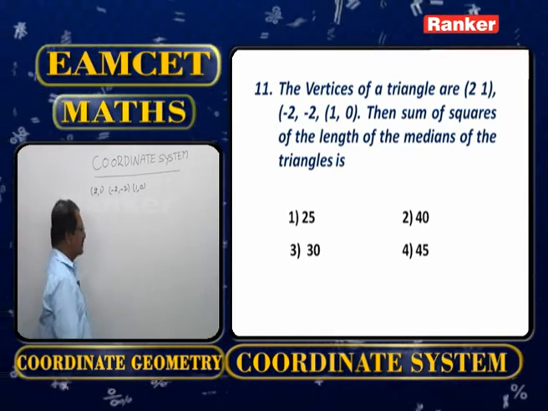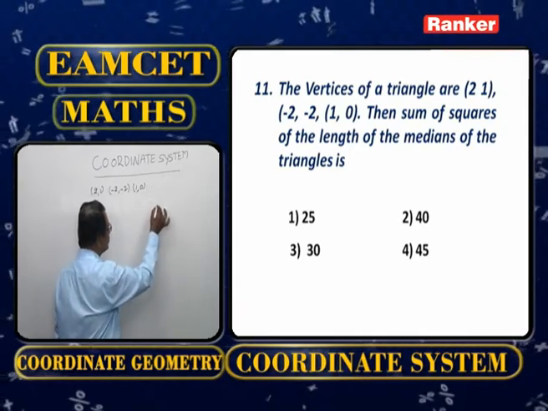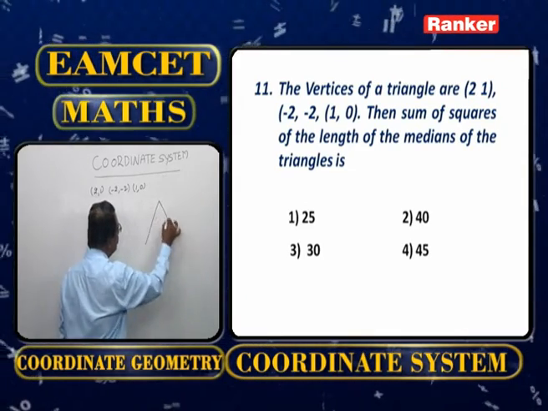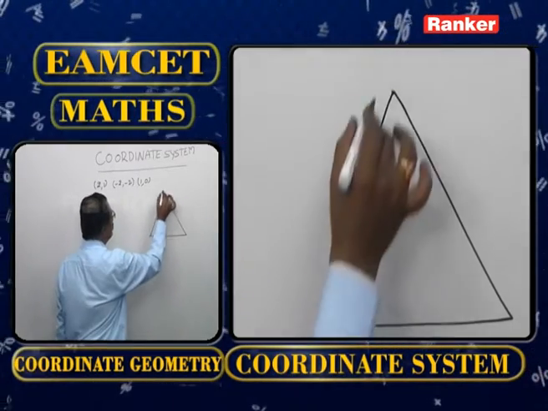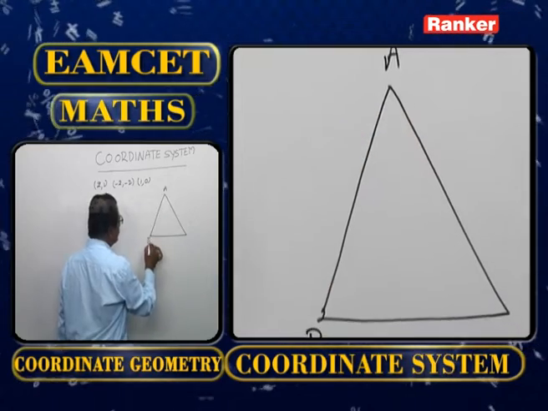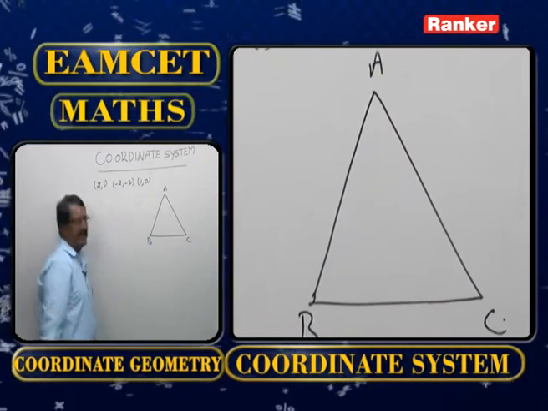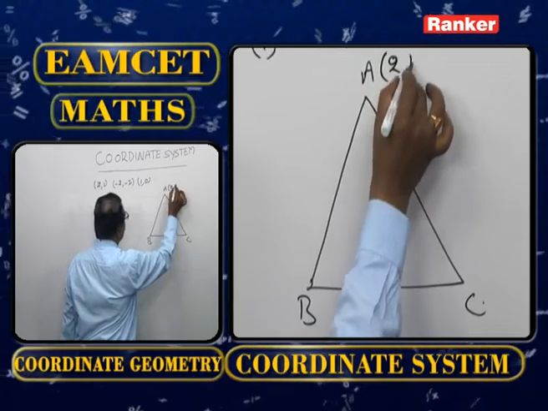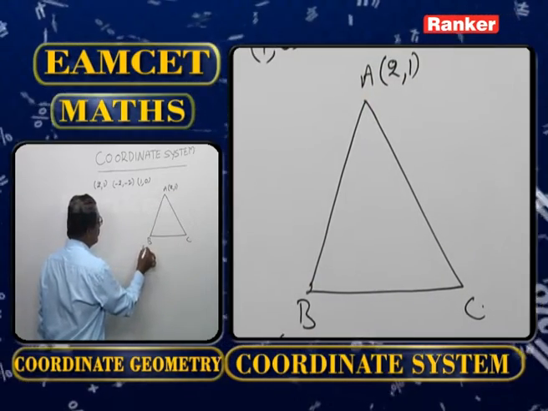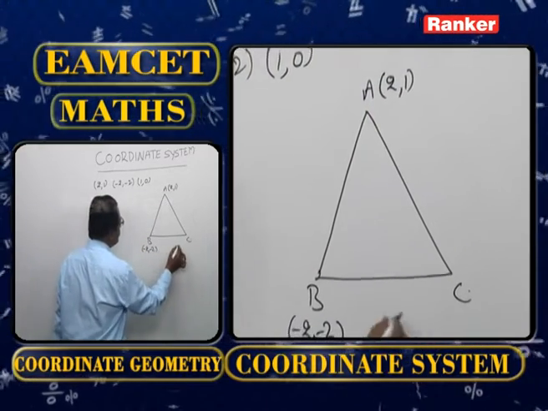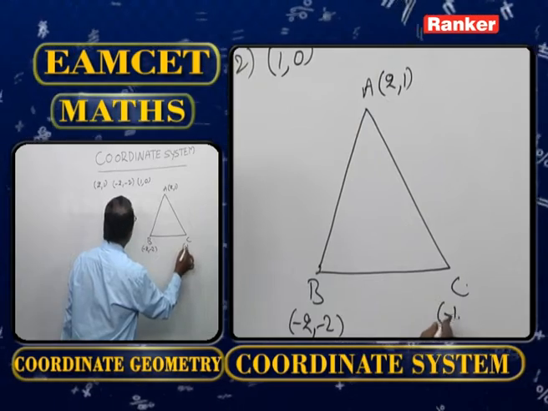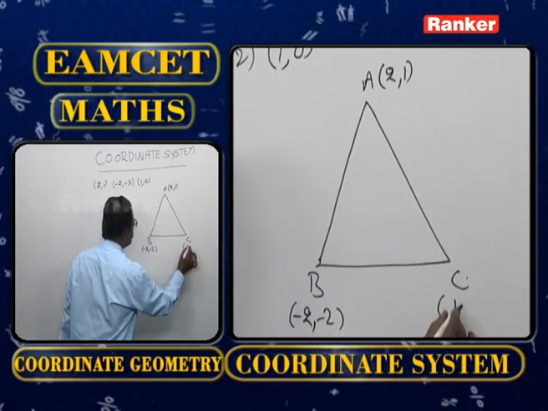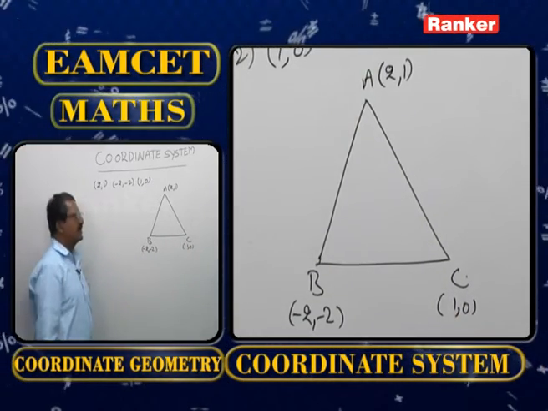Suppose A, B, C are vertices of the triangle, the given points: consider A (2, 1), B (minus 2, minus 2), C (1, 0).